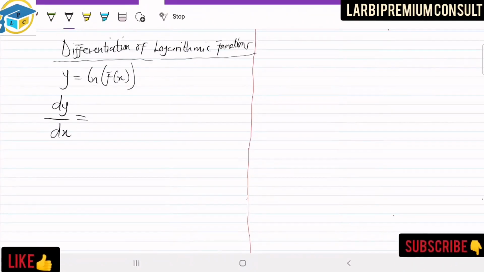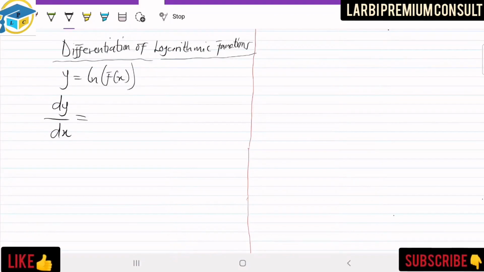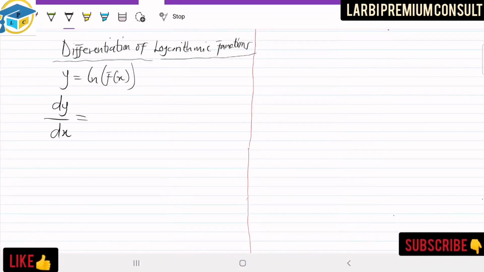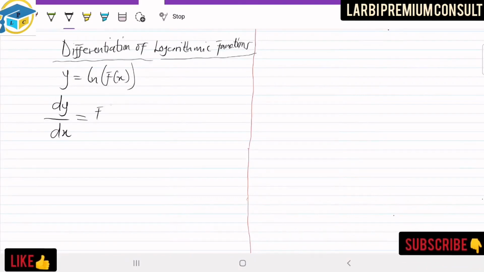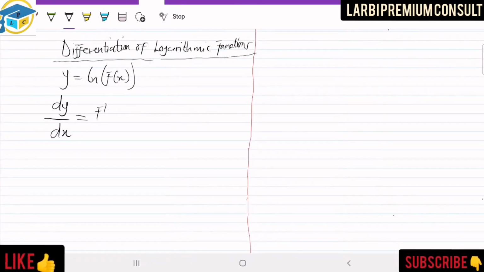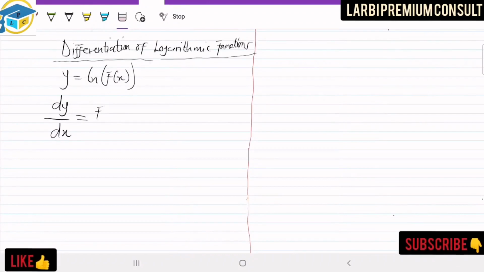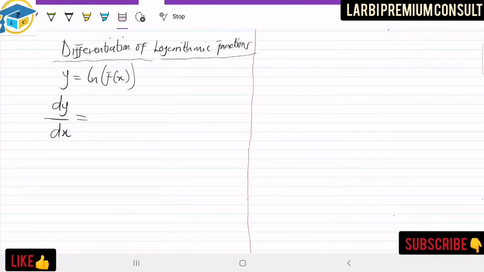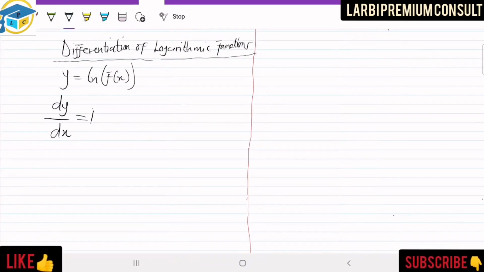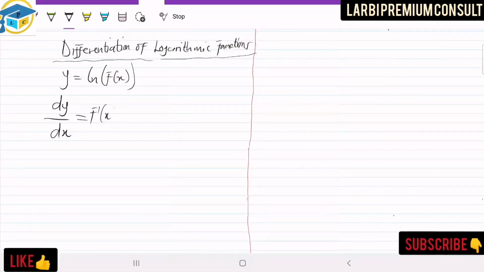Now I'll come to the x part. All I need to do is differentiate the function here, which is f of x. So here it is going to be f prime of x.